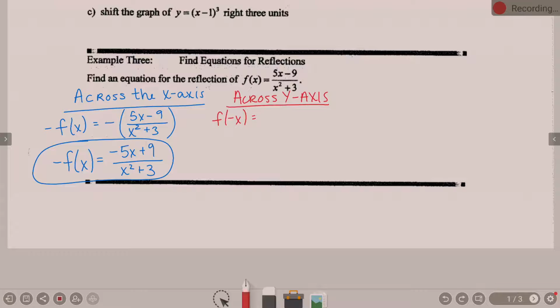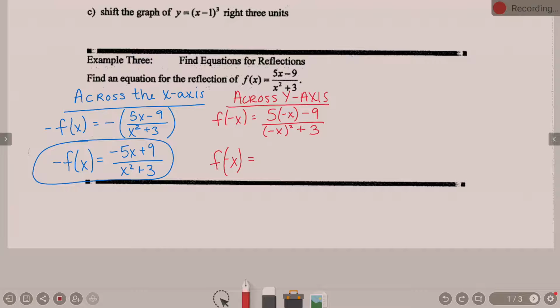Okay, since it's f of negative x, every place I see x, I'm going to replace it with negative x. So it was 5 times x. I'm going to write it as 5 times negative x. Still minus 9. It was x raised to the power of 2. Now I'm going to say negative x raised to the power of 2 plus 3. And of course, you should simplify, right? We shouldn't leave it in this awkward form. This is just me trying to get you to process how this works.